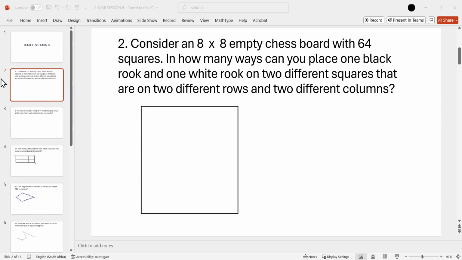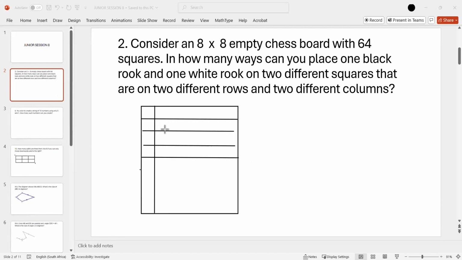I don't know whether I'll be able to draw the entire 8 by 8, but we'll just have to imagine. And then you got these columns going down like that. I'm not filling up everything. So you got a section of this chessboard.